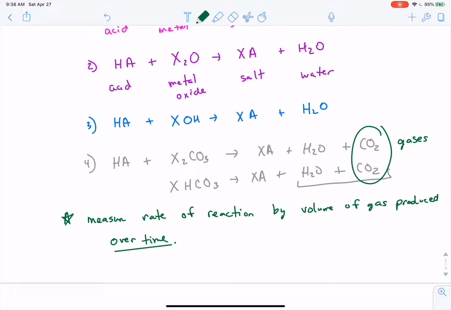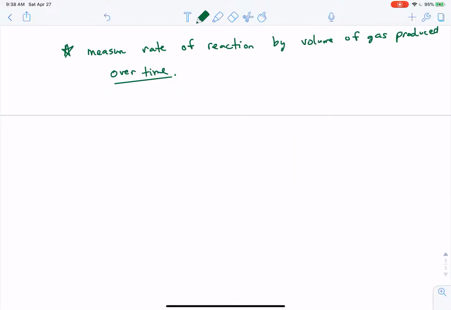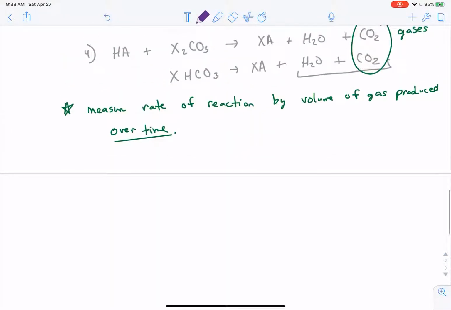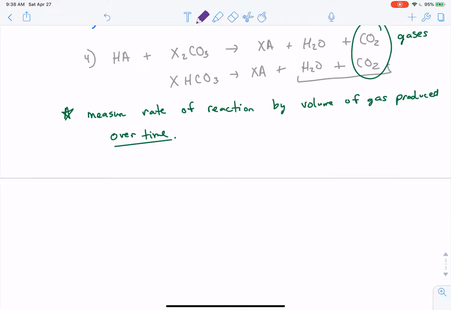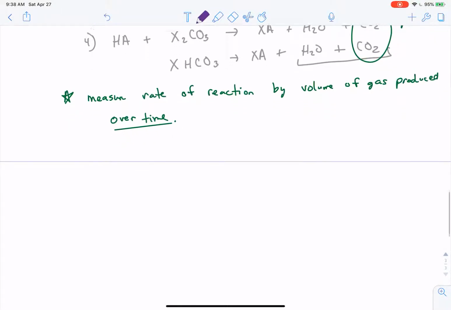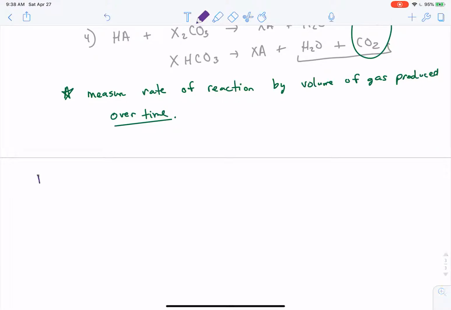And this is also one of the ways that we can differentiate between a strong acid and a weak acid. Okay? And so that's kind of our next transition here. Differentiating between a strong acid and weak acid.